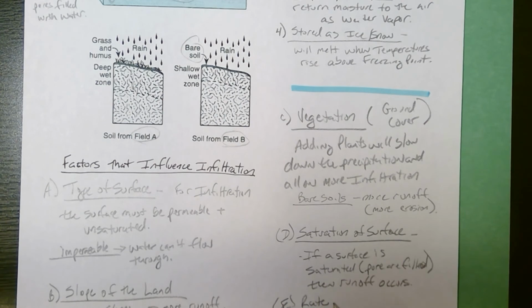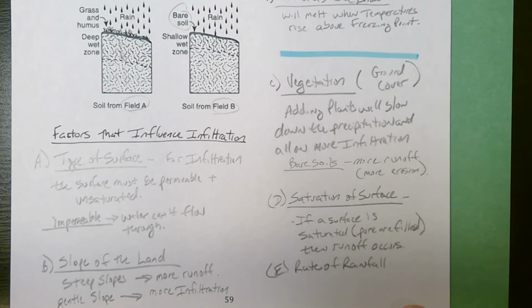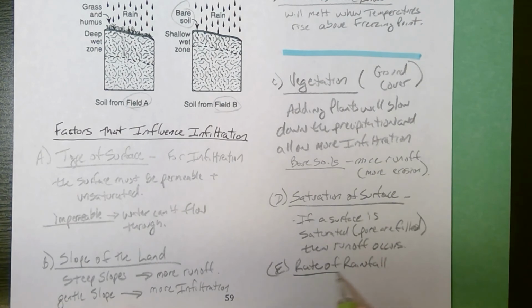How fast it rains can control a little bit about how much gets in. If you have a heavy rain, if it's coming down in buckets, you wind up getting more runoff.